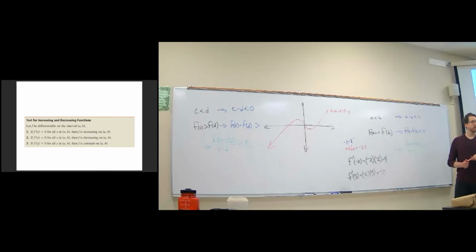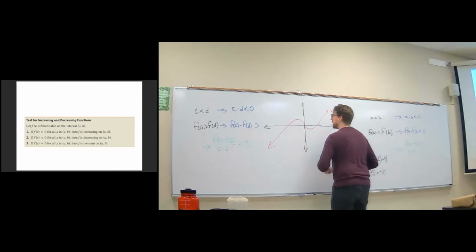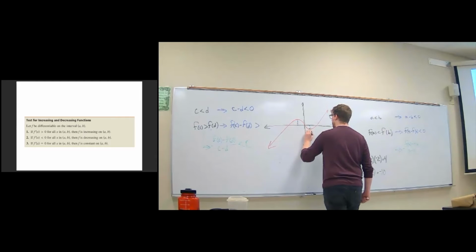Okay, let's say this is our function now. This thing has a derivative of 0 at only 2 spots. Here and here.